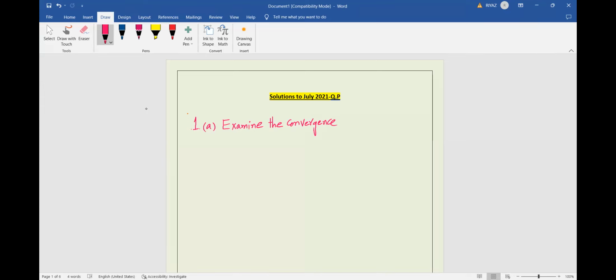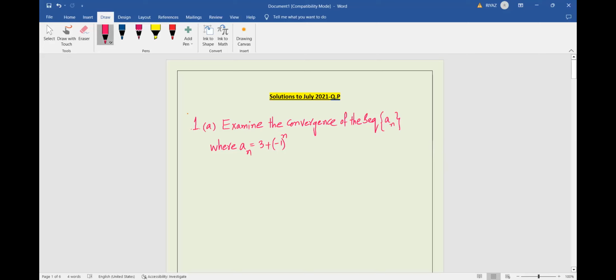Examine the convergence of the sequence AN, where AN is equal to 3 plus minus 1 whole to the power of n.